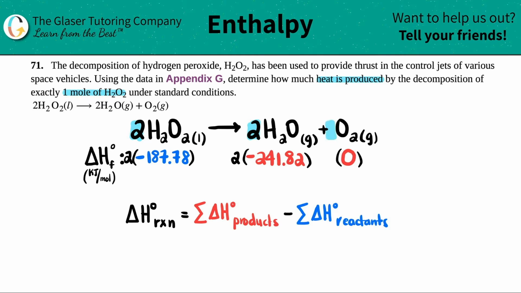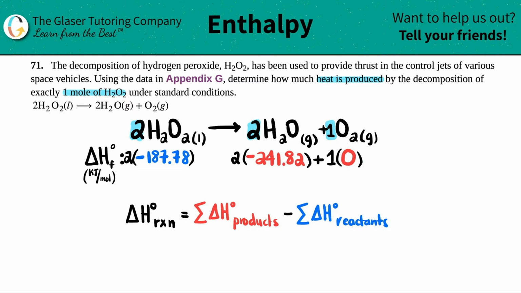And then there was no number in front of the O2, which means that it was a 1. So I just multiply by 1. Now, I have to add them together. You see how it was H2O gas plus O2? So I just have to add these two numbers together. The H2O2 was the only compound on the reactant side, so I don't have to add it, but I do have to multiply by 2.